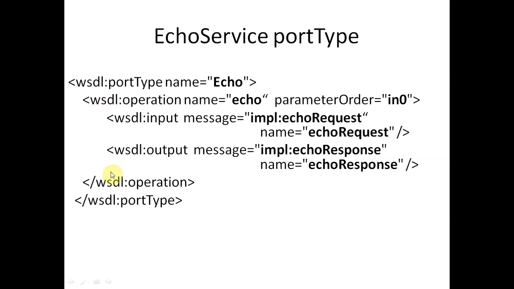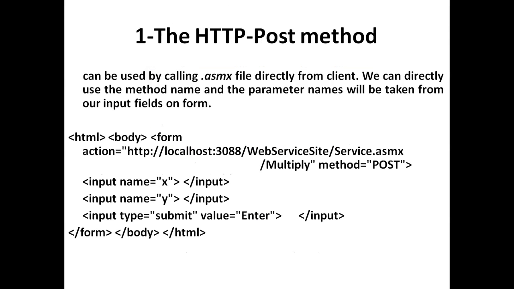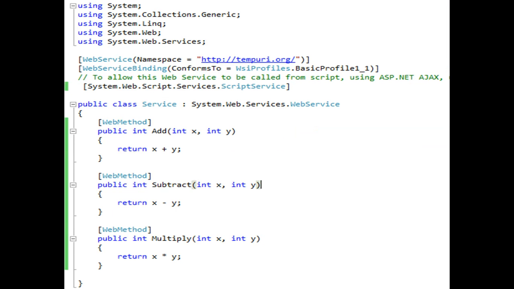So this is WSDL, closed by /WSDL. So this is the XML program of WSDL, an already defined program. When you click on the WSDL file, you will find this type of program. On the previous program, this is our web service class.